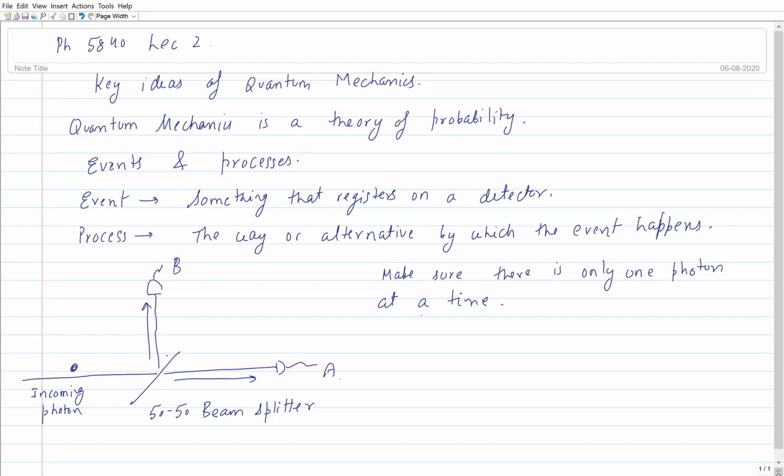So what are my observations? Either A clicks or B clicks. And there's a 50-50 chance. They never click simultaneously.